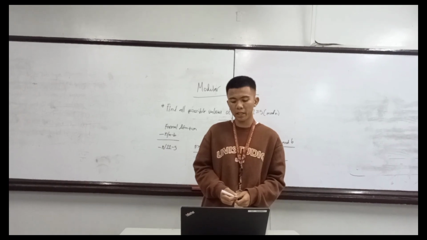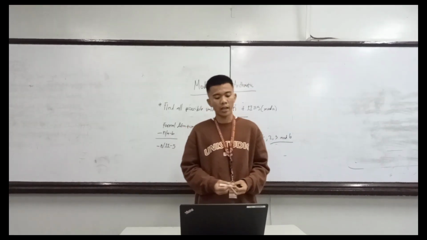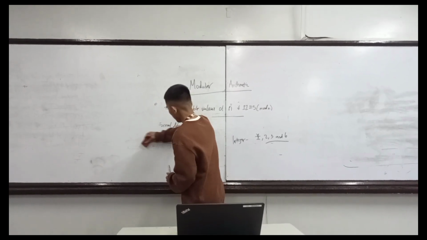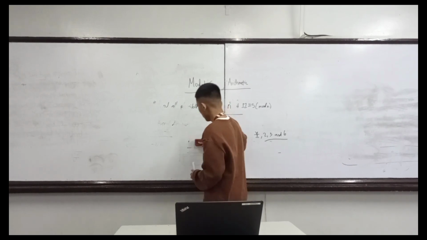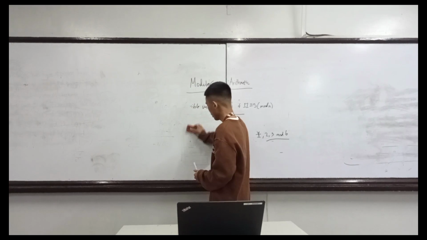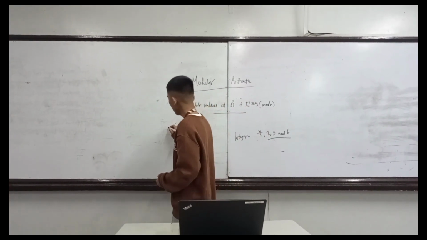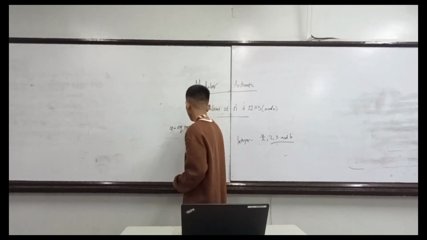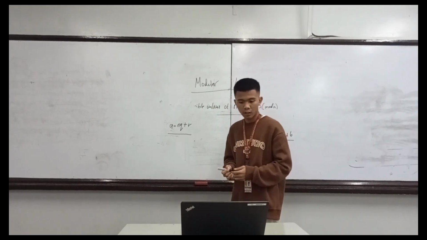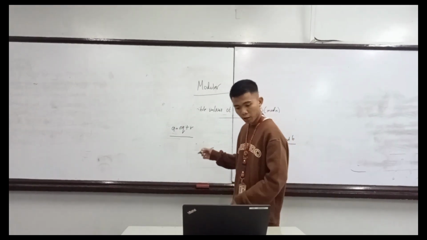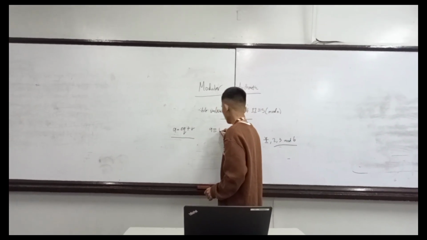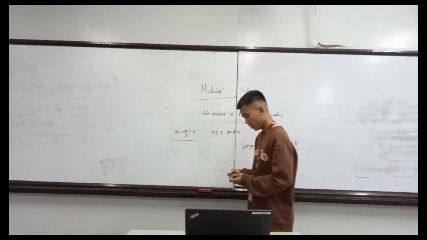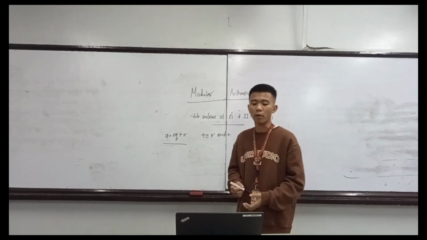Divide a by n and let the quotient be q and the remainder be r, then we have a = qn + r, which implies a is congruent to r mod n.